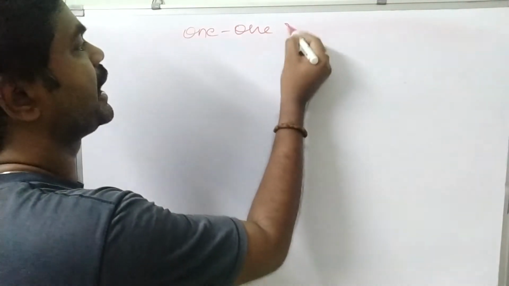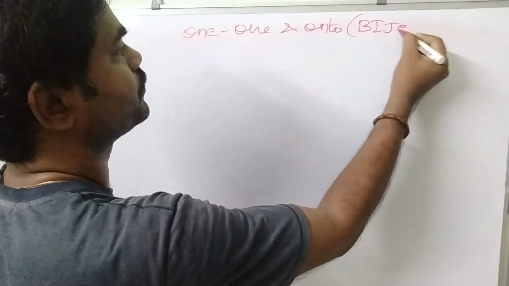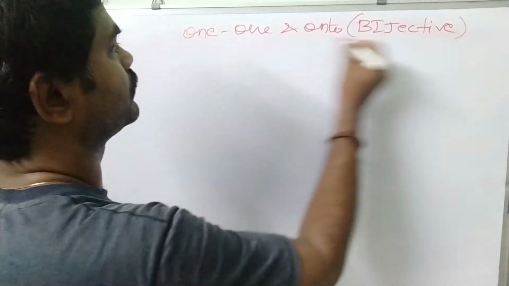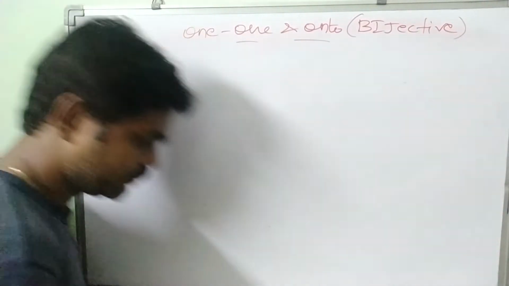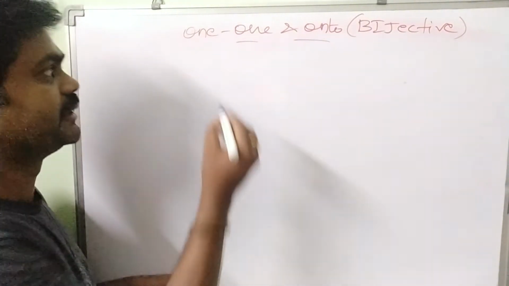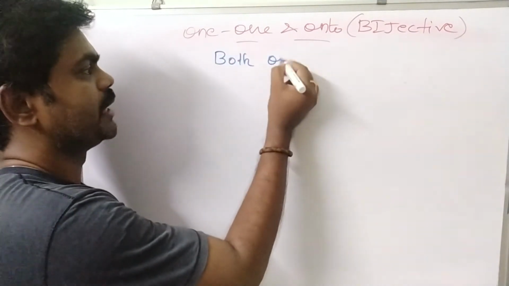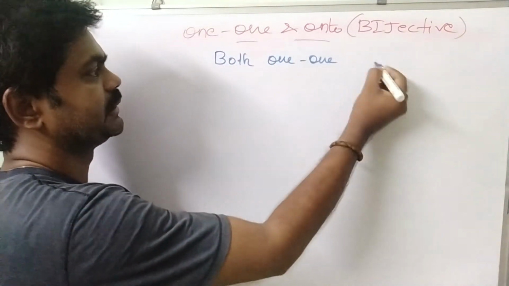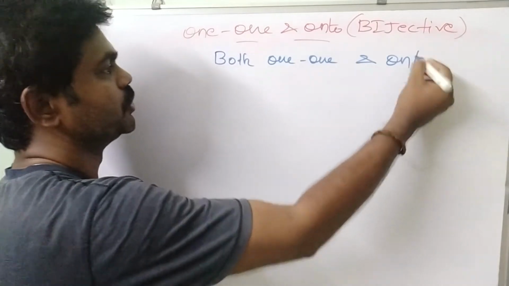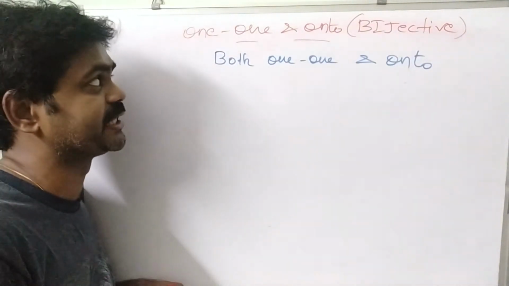So when we call it a bijective function, if it is both 1 to 1 and onto, then we can say that this is a bijective function.